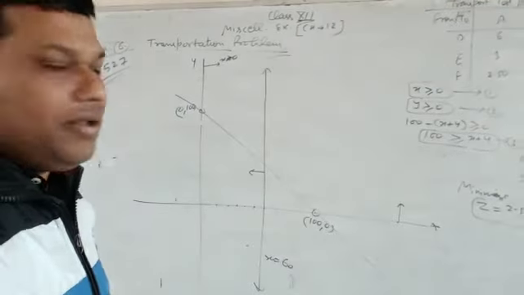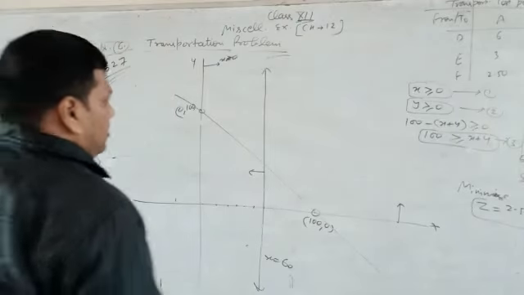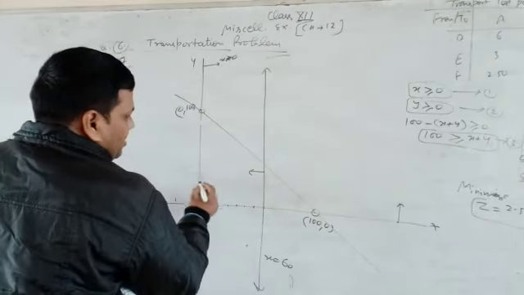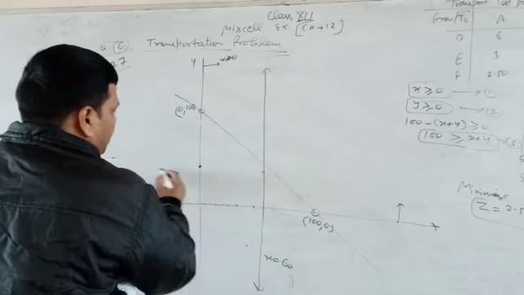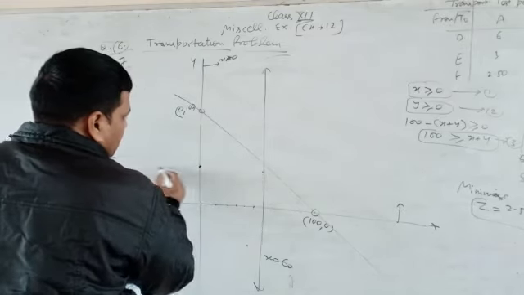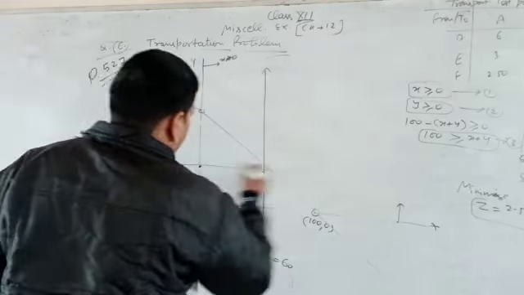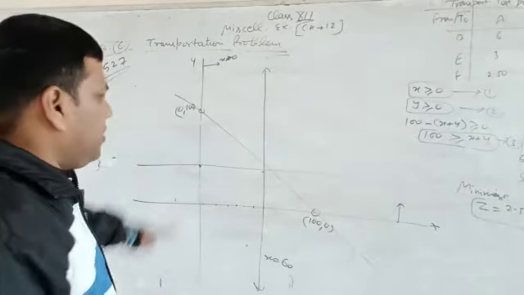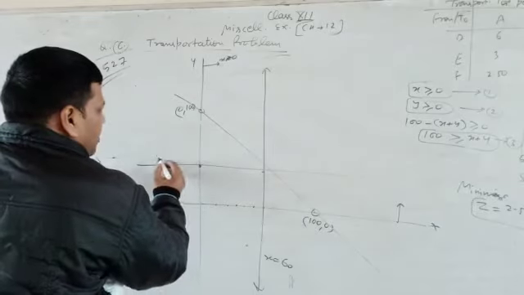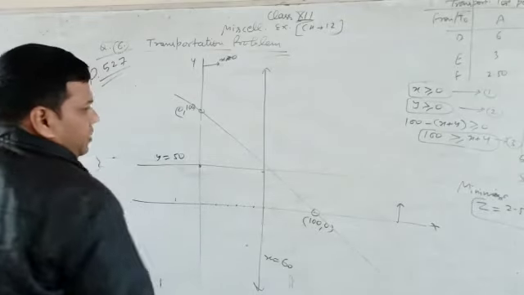Y is less than or equal to 50, meaning you have this side. You should draw on graph paper so that you can find it easily. That will be y equals 50, right?